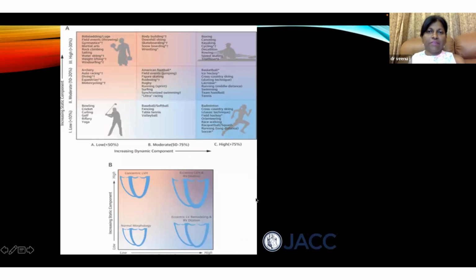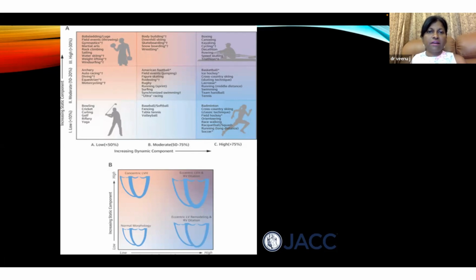So this is a slide that we need to spend a little time on. On the left-hand side, we are seeing the intensity of the static component of any exercise, and along the x-axis, we see the dynamic component of the exercise. If both the static and dynamic components are the lowest, we are looking at yoga, bowling, cricket.